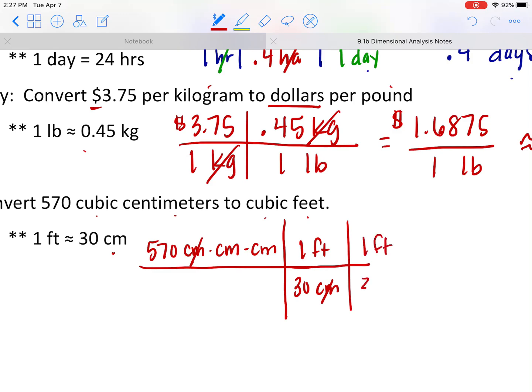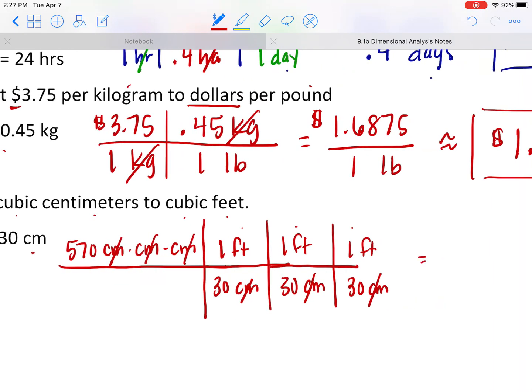So if I put in, for instance, the 30 centimeters and 1 foot only one time, it's only going to cancel one of those. So I have to do it again, right? 1 foot and 30 centimeters again to make that cancel, and then a third time 1 foot is 30 centimeters again, so that third centimeters canceled.